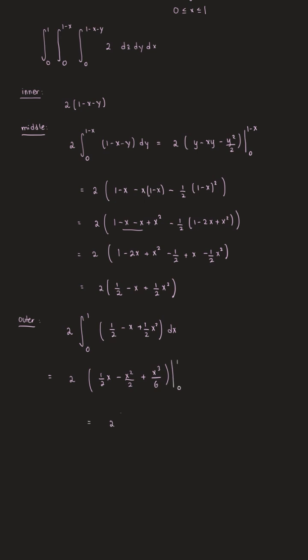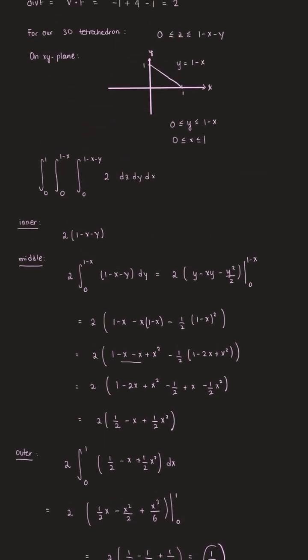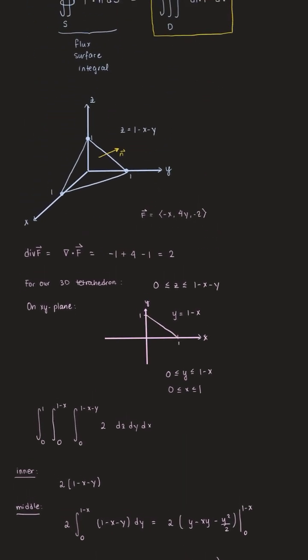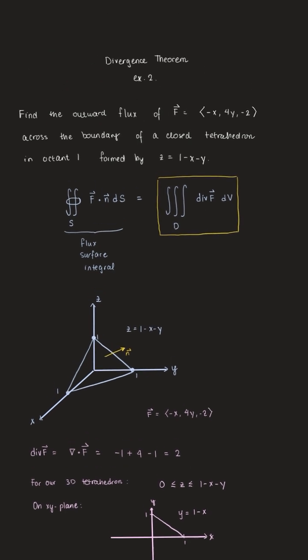That is 2 times 1/2 minus, when I put 1 in place of x, 1/2 plus 1/6. And when I put in 0, everything's 0. So this gives us 2 times 1/6, which is a positive 1/3. And this is the outward flux across the surface of the tetrahedron that we sketched, and we used the divergence theorem.